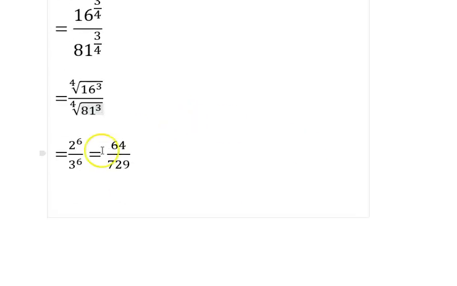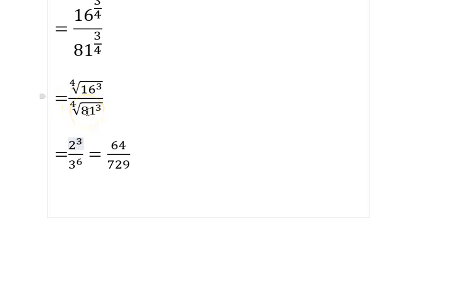So we're almost done. What number are we going to multiply 4 times that will give us 16? That's 2. 2 times 2, 4, 4 times 2, 8, 8 times 2, 16. So it's going to be 2 raised to power 3. And what number are we going to multiply 4 times that will give us 81?